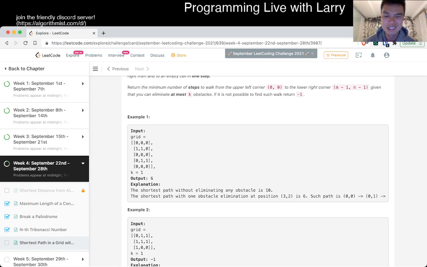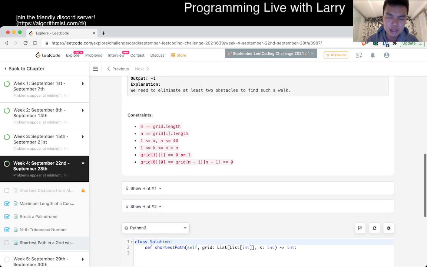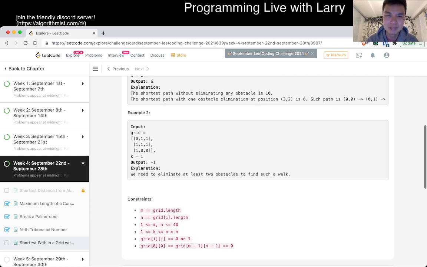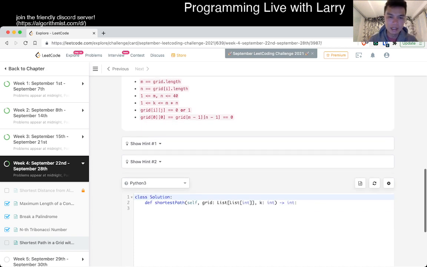So that's not a great way of doing it, but that's how they do it. Okay, so let's try that m times n times k algorithm, and then we'll see how that goes.